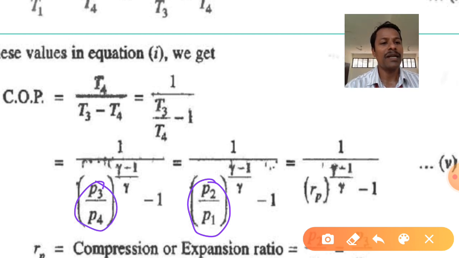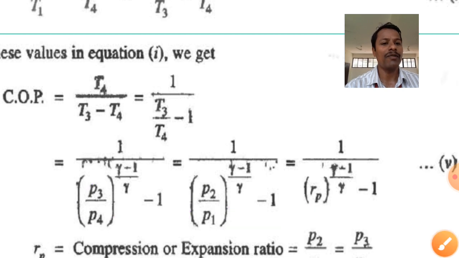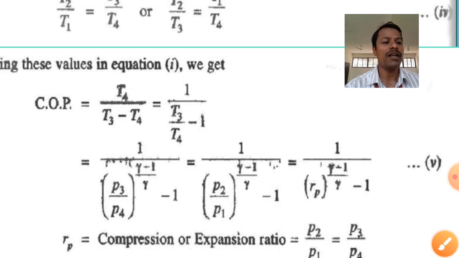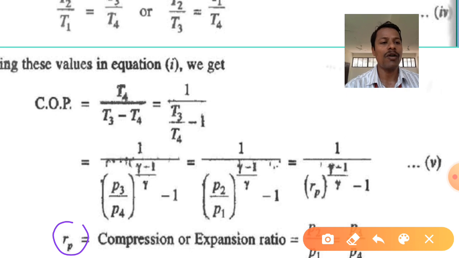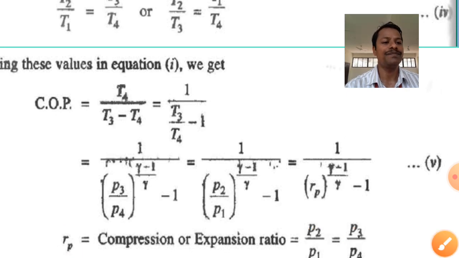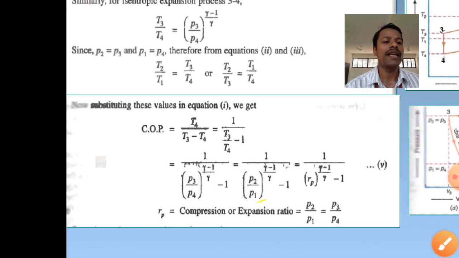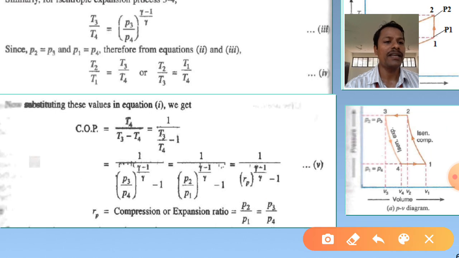Here I am replacing P2 upon P1 by RP, so RP raised to the power gamma minus 1 divided by gamma, where RP is the compression or expansion ratio, that is P2 upon P1 or P3 upon P4.